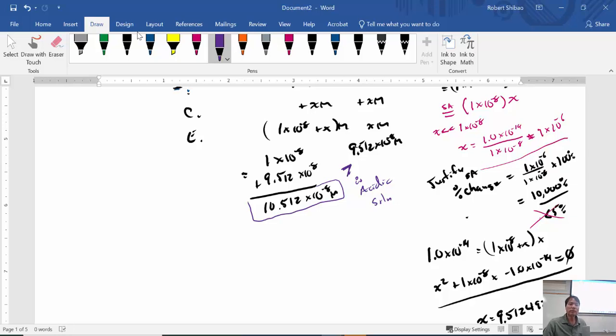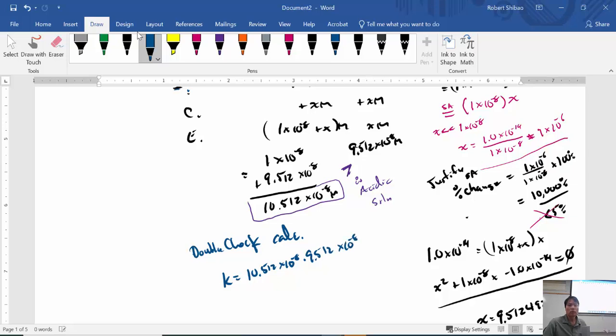All right, the first thing we do is we double check our calculation. How do we double check our calculation for the equilibrium values? The way we do it is by checking if these multiply out to our Kw.